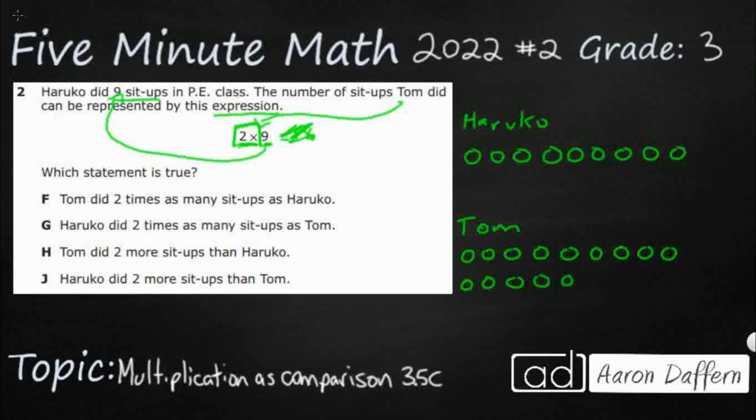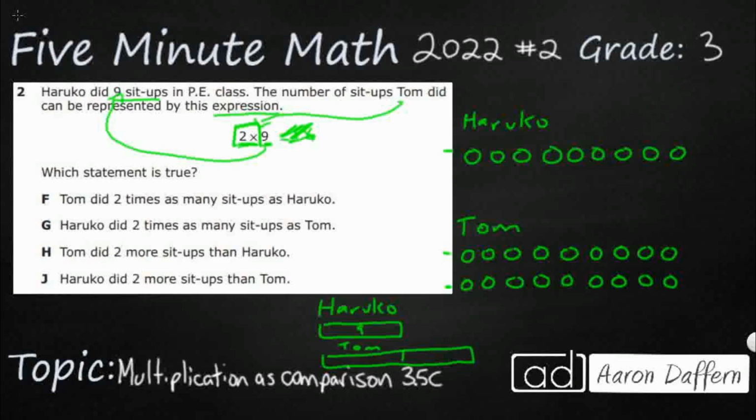So here's Haruko's 1 set of 9, and here's Tom's 2 sets of 9. If you wanted to, you could also represent it like this: Haruko, I'll just do a little box right there. There's 9. And then Tom is going to do 2 sets.